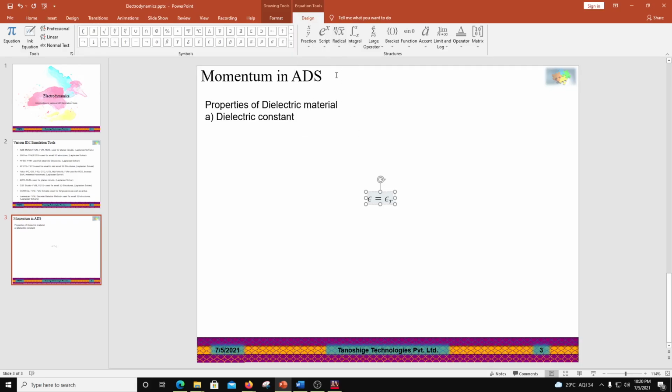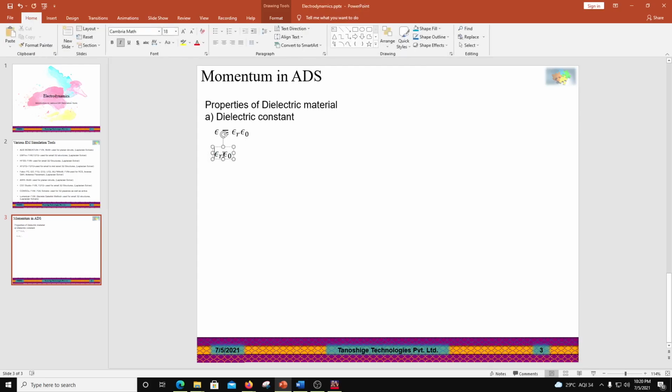So you know what epsilon 0 is for free space. Now this epsilon r is a complex number.